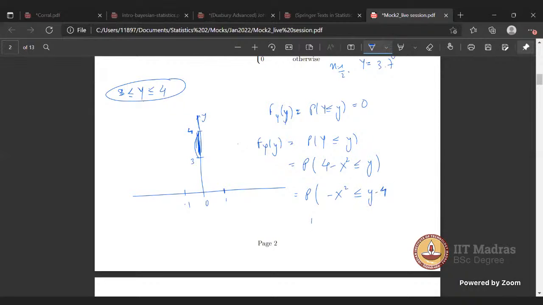So x squared is greater than or equal to 4 minus y, which is under root of this.